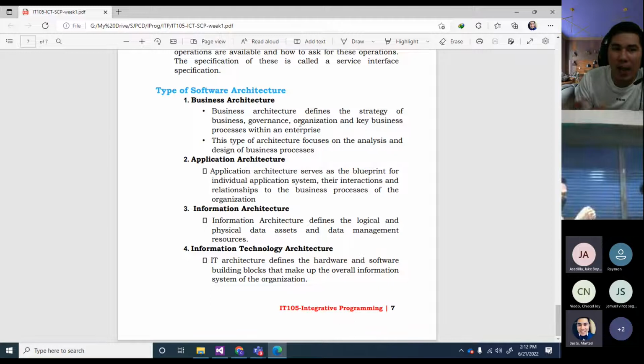For example, for payroll, instead of biometrics you can purchase something like image recognition or other things that can be used in payroll.